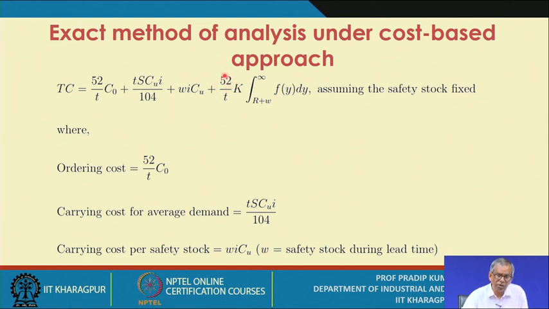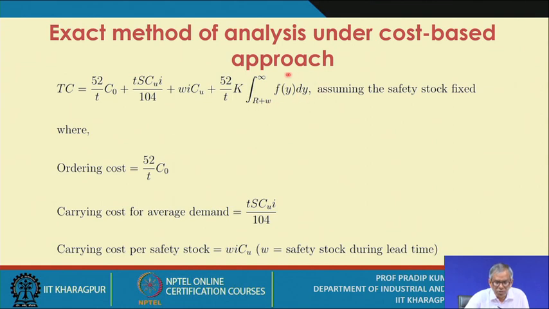How many order cycles do you have per year? That is 52 by T, and T is the order period in weeks. And K is the fixed out of stock cost. Initially we have assumed that the out of stock cost remains fixed irrespective of the amount of shortages.